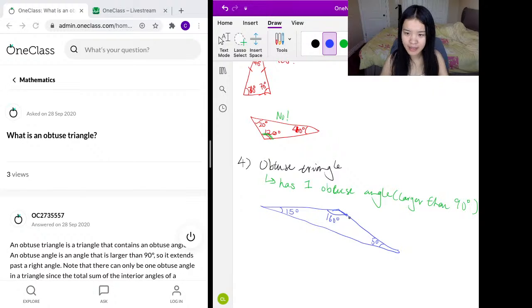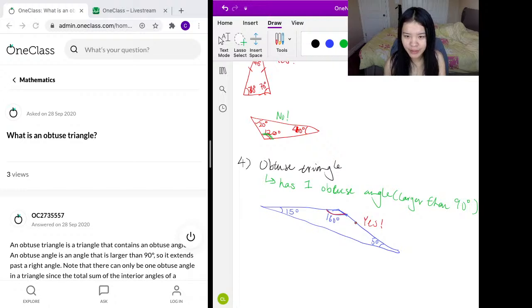Is this an obtuse triangle? The answer is yes, this is an obtuse triangle. Why? Because this triangle has one obtuse angle right over here. This angle 160 is larger than 90, so it has one obtuse angle, which makes this triangle an obtuse triangle.